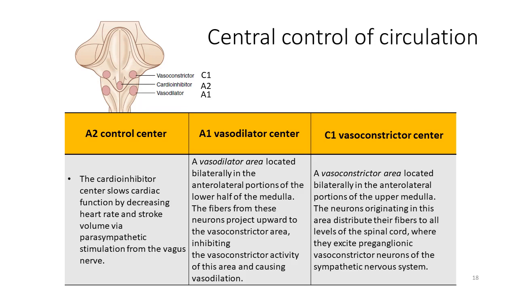The cardioinhibitor center slows cardiac function by decreasing heart rate and stroke volume via parasympathetic stimulation of the vagus nerve. So they act through the vagus nerve and activate parasympathetic neurons and induce cardioinhibition.